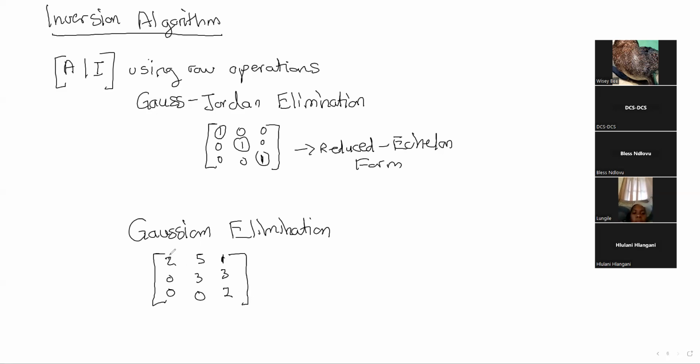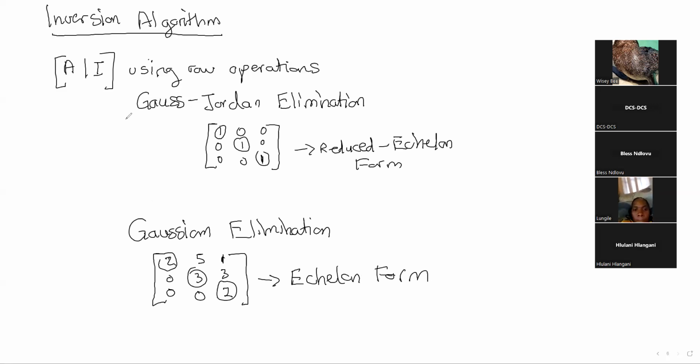And then just highlight your pivot points. In this case, it's 2, 3, and 1. So below your pivot points, you're going to have zeros, and above it, you don't necessarily have to have a 0. This is called Gaussian elimination, and you get an echelon form. It's not reduced echelon form.